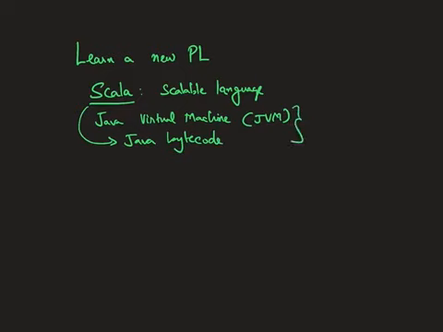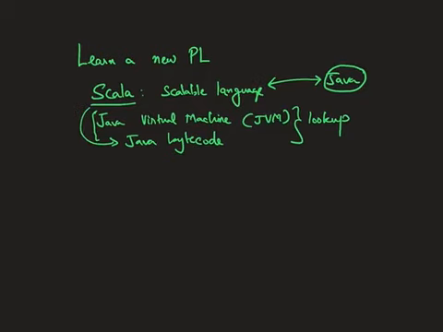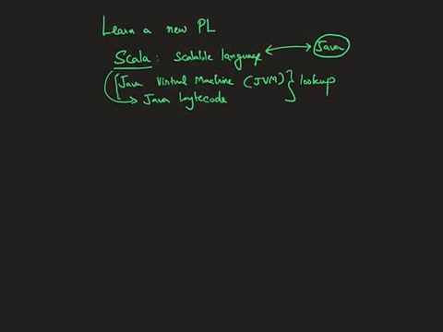So these are things that you can look up on the side. Because of this link up with the Java virtual machine, Scala is highly interoperable with Java. So the programming language Java, which is a very popular programming language, interoperates very naturally with Scala. But more than that, Scala has some very big advantages.